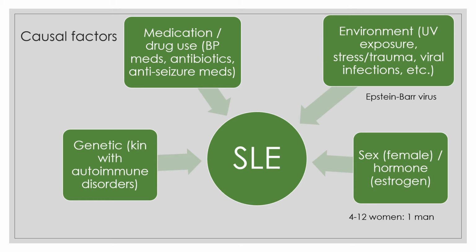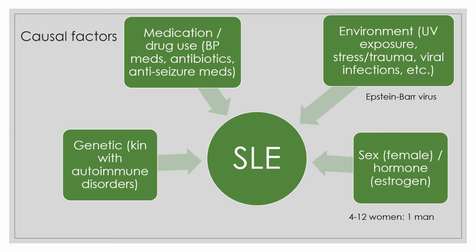SLE is an example of a multifactorial disease, and because of that, we can see that the gene-environment interaction is at play in here. SLE can be due to genetics, with a kin having an autoimmune disorder. And SLE can also be due to the medication we take, like BP meds, antibiotics, or anti-seizure meds.